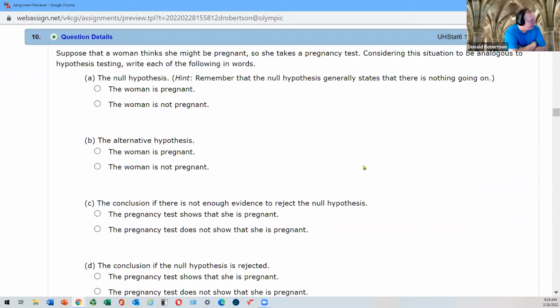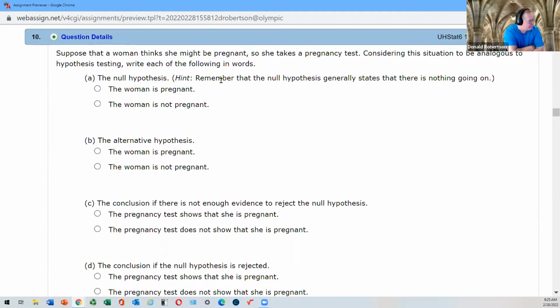Question 10. Suppose that a woman thinks that she might be pregnant, so she takes a pregnancy test. Consider this situation to be like a hypothesis test. Write each of the following words. The null hypothesis. Now, remember, the null hypothesis generally states that nothing's going on, right?